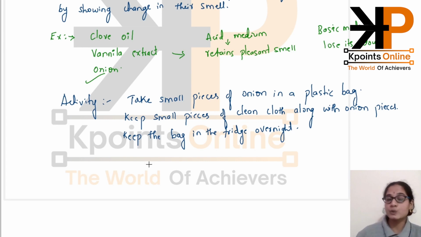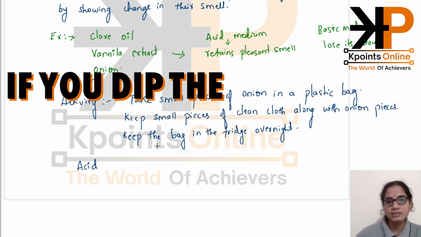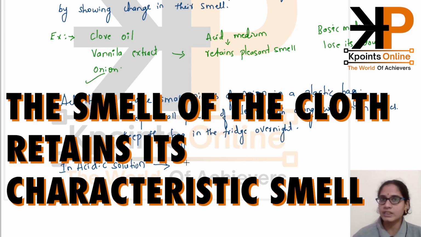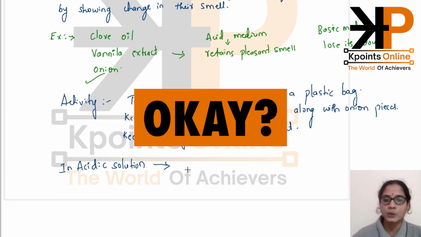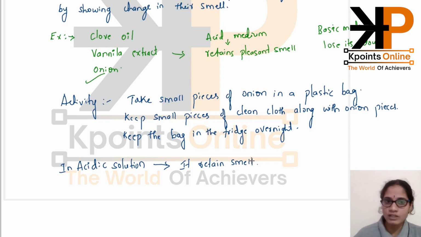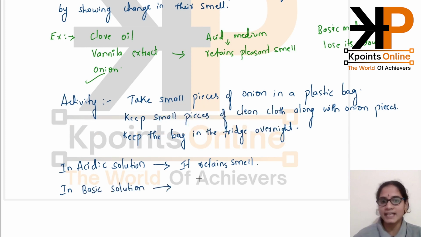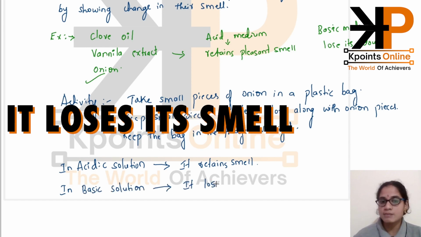Then how do we use this as an olfactory indicator? If you dip the piece of small cloth in acidic solution, the smell of the cloth retained its characteristic smell. Suppose you dip another cloth that is kept along with onion pieces in basic medium, you can easily feel that it loses smell.